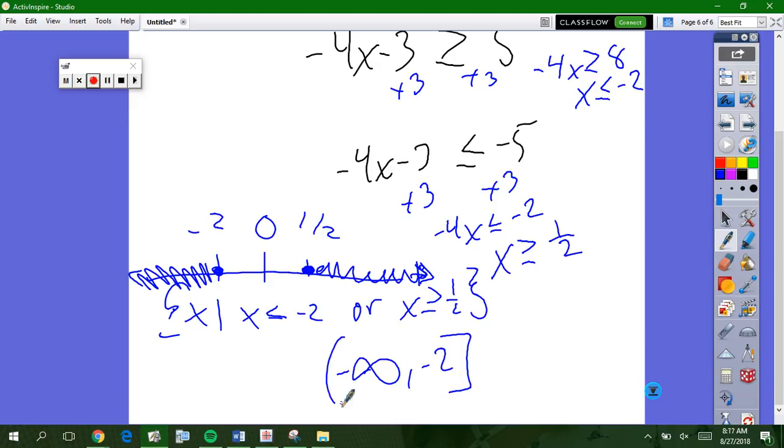Bracket because of the include, and remember, negative infinity can never be included because we can never touch negative infinity, can we? Or infinity. Union that with, where do we start back up again? A half to infinity. Okay. Any questions?